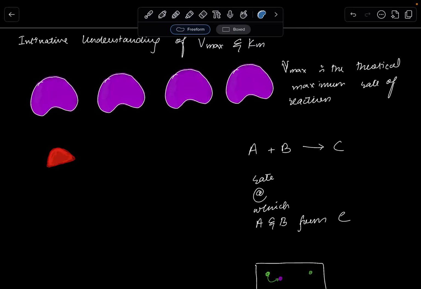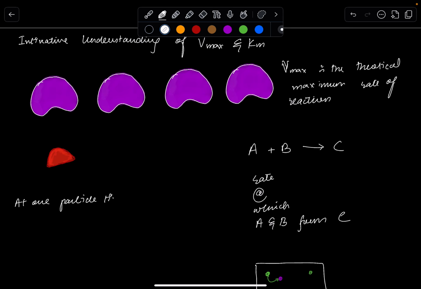Now, an enzyme can at one particular time form an enzyme substrate complex with one substrate molecule. Correct?